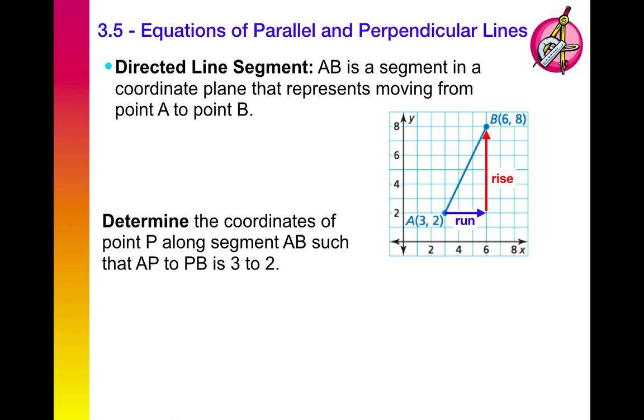Now, if I wanted to determine along that path where it is, if I wanted to divide this into a 3 to 2 proportion, then I'm going to say that 3 to 2, the total equals 5.